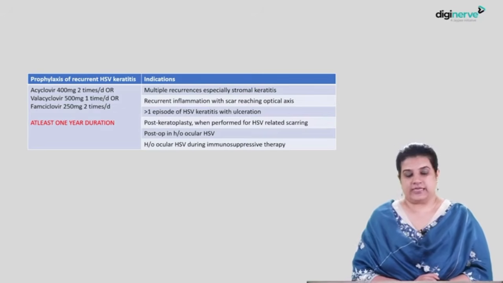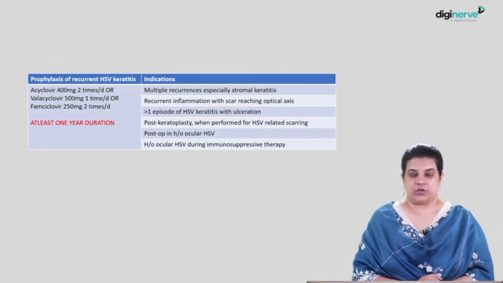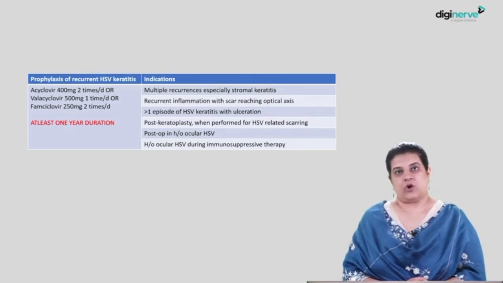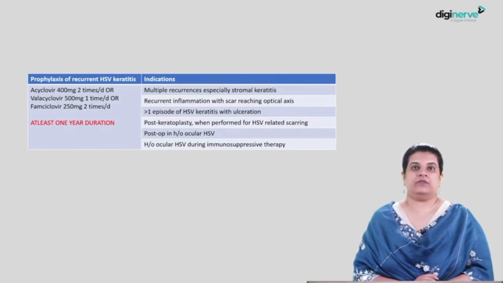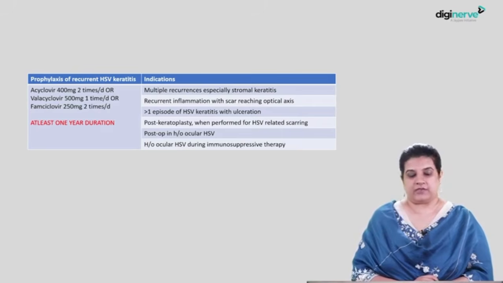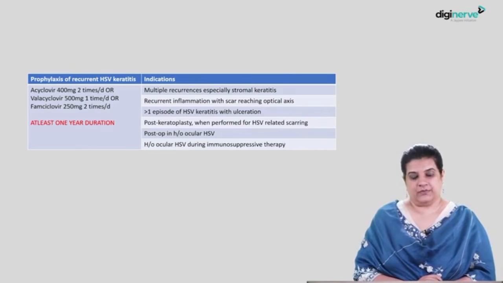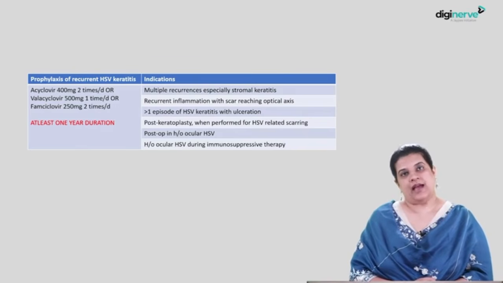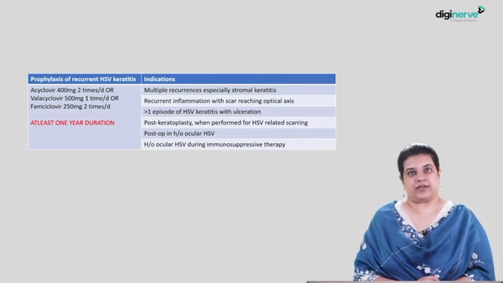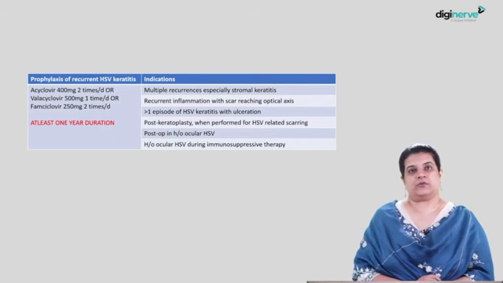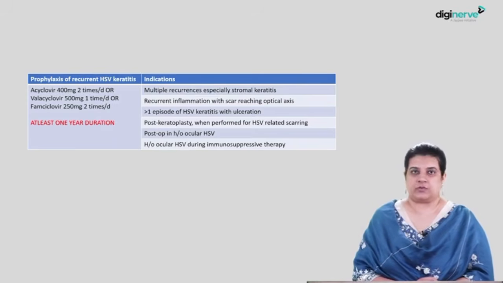The indications include multiple recurrences, especially of stromal keratitis, recurrent inflammation with scar encroaching the optical axis, more than one episode of herpes simplex virus keratitis with ulceration, post-keratoplasty patients, post-operative patients with a history of ocular herpes simplex virus keratitis, or a history of ocular herpes simplex virus with current immunosuppressive therapy. Then you need to give prophylactic therapy for at least a year.